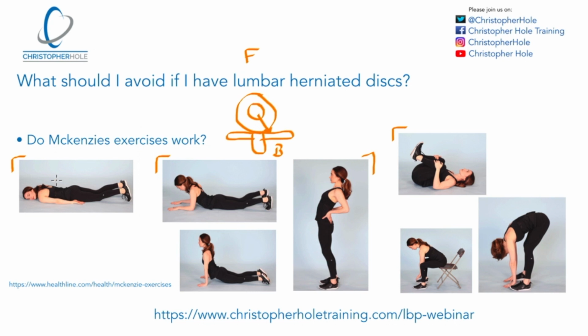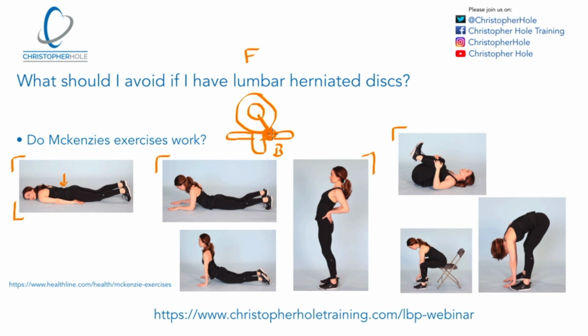So you can use gravity just to allow that fluid to sink back into the disc. So if you find that lying on your front eases the symptoms of pain, then this McKenzie exercise can have its uses, because all you're simply doing is using gravity to allow that fluid to sink back into the disc, so it's not irritating on the nerve out here, if you follow.